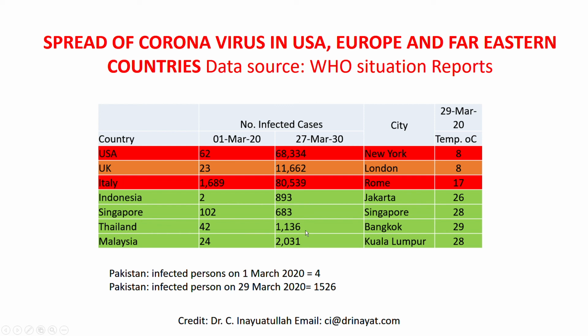Since I am from Pakistan, I would like to share some data about Pakistan. Infected persons on 1st March were 4, which jumped to 1,526 on 29th of March. But I'm not sure about this data because we had limited testing capacity, and that might have made some difference.